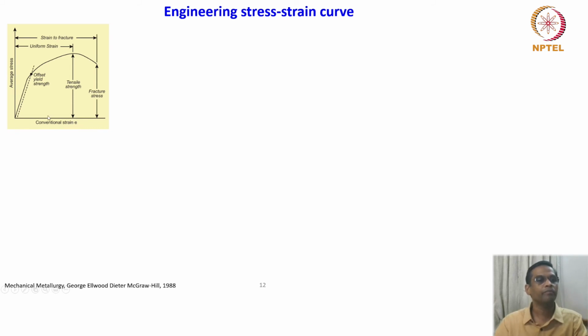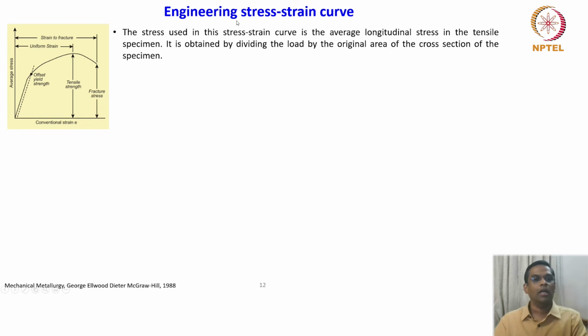So you can see that the average stress goes like this and reaches a maximum and it comes down. The stress used in this stress strain curve is the average longitudinal stress in a tensile specimen. This is obtained by dividing the load by the original area of cross section of the specimen. So that's important. Whenever we talk about engineering stress, we divide the load by the original area of cross section.